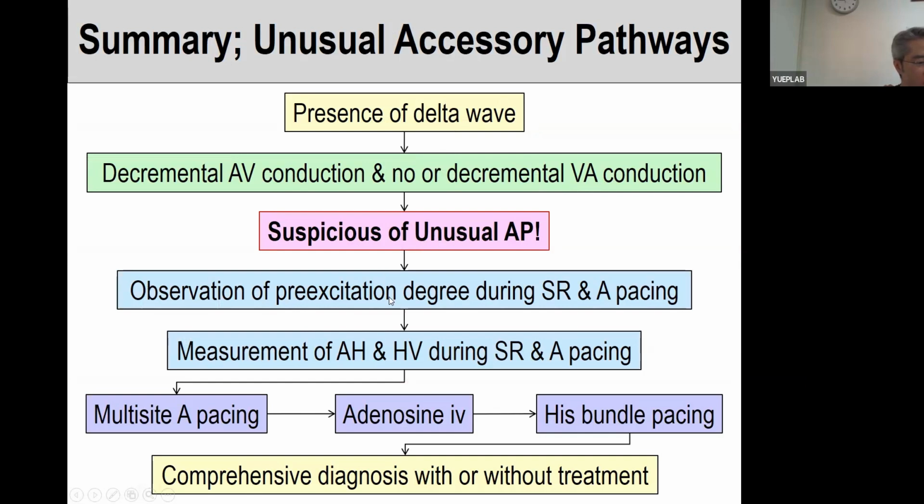So we need to observe pre-excitation degree during sinus rhythm and A pacing, and measure the AH interval and HV interval during sinus rhythm and A pacing, and we need to compare. And then we conduct A pacing, multi-site A pacing, adenosine injection, and His-bundle pacing, and then we need to make a comprehensive diagnosis, and decide whether or not to ablate this accessory pathway.